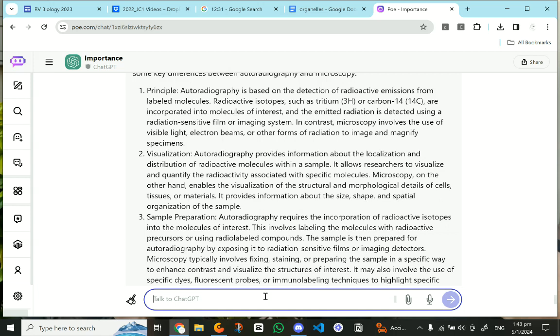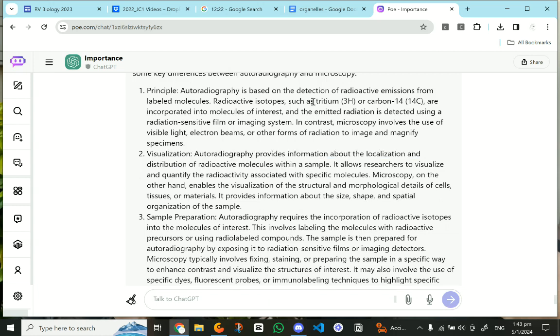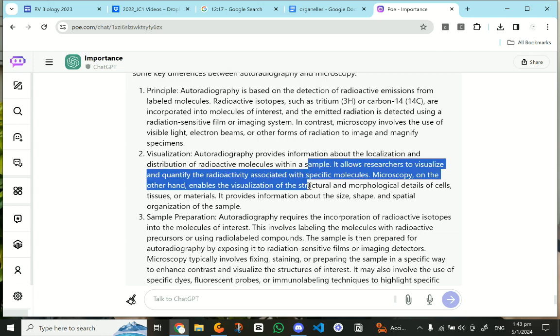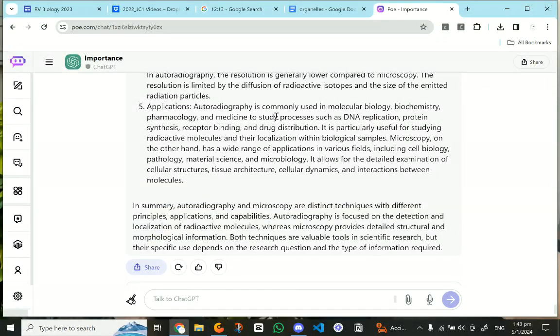Okay. So this one is more of like which organelles will uptake the radioactive isotopes. Wow. Okay. So the purpose is different. One is to observe processes, while one is to observe structures.